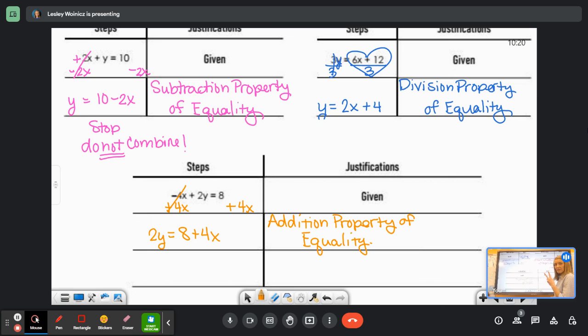So I have to divide them apart. So I'm going to divide both sides by 2. The 2's cancel to make a 1. So I get y equals, now I divide the 8 by 2 and get 4, and I divide the 4x by 2 and I get plus 2x. Okay, that was the division property of equality.